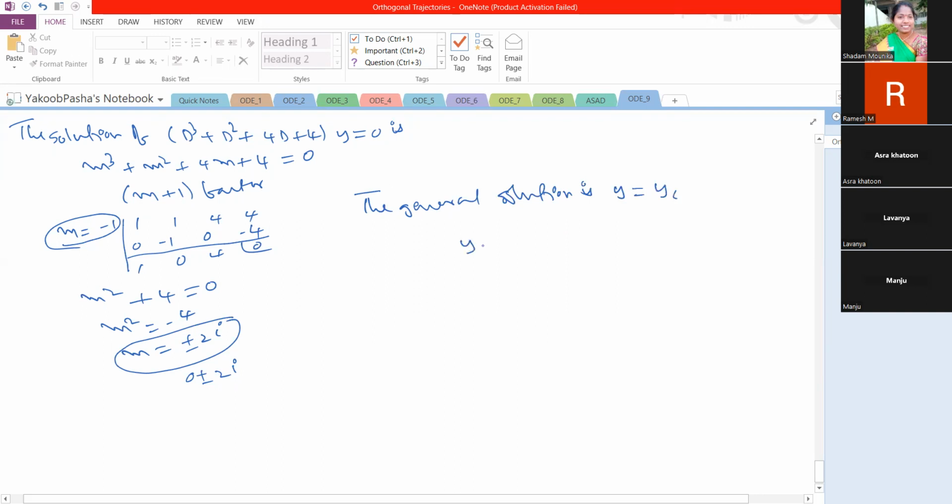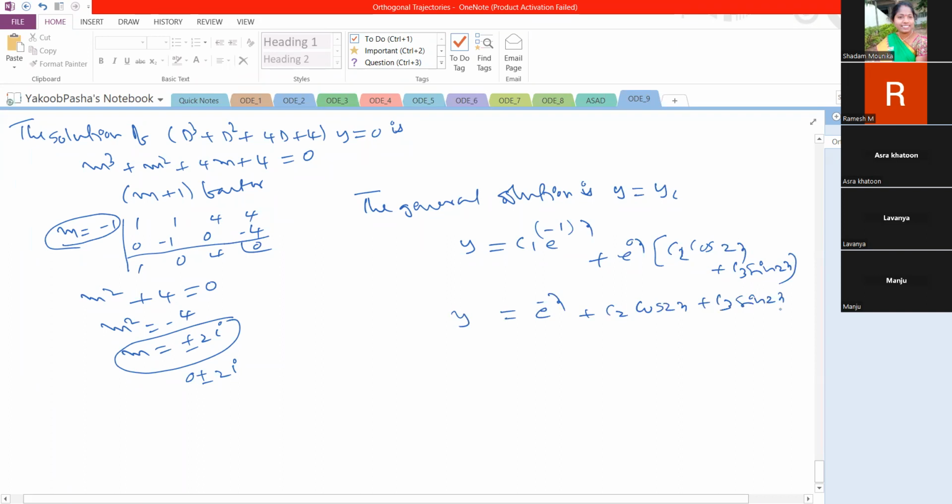That means c1 e to the power of minus 1x for the real root, and here alpha equal to 0, beta is equal to 2, that is e power 0x into c2 cos 2x plus c3 sin 2x. So y is equal to c1 e to the power of minus x plus c2 cos 2x plus c3 sin 2x. This is the general solution of the given equation.